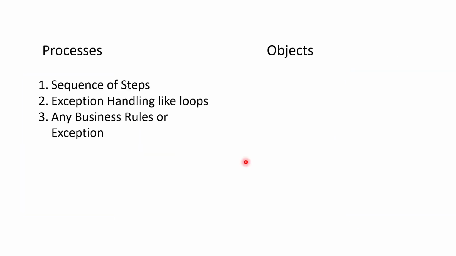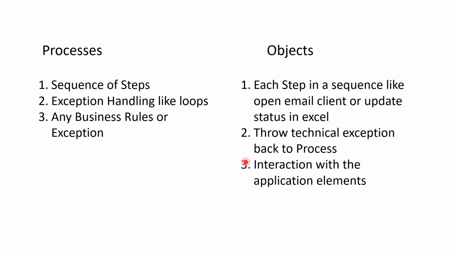Inside the processes, you will have the sequence of those business blocks, even the sub steps, like open email and all these steps. But each step's implementation, like when I say open email, actually interacting with the email client to open it, will be implemented in the object layer, like opening the email client or updating the status in Excel.